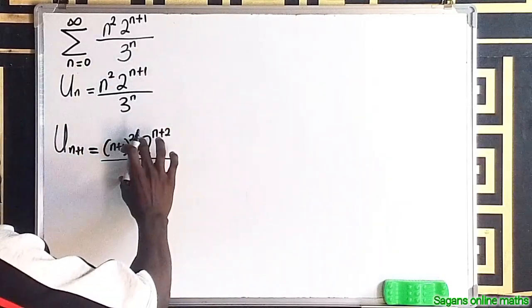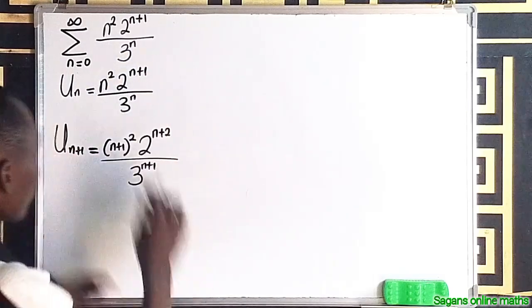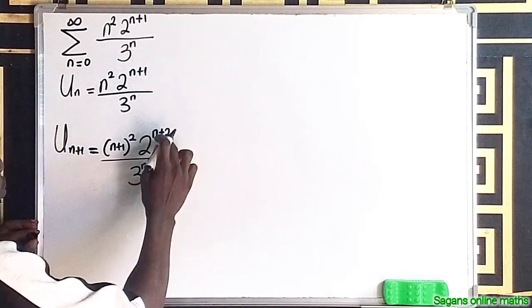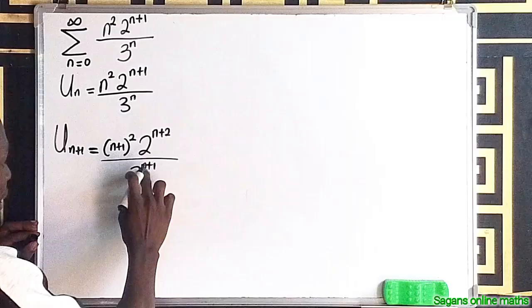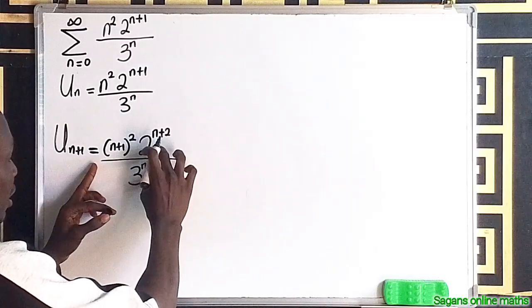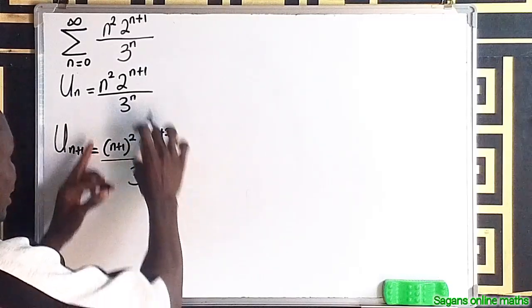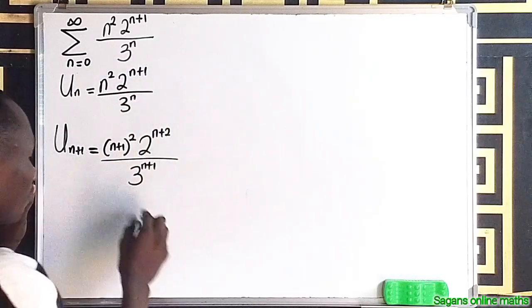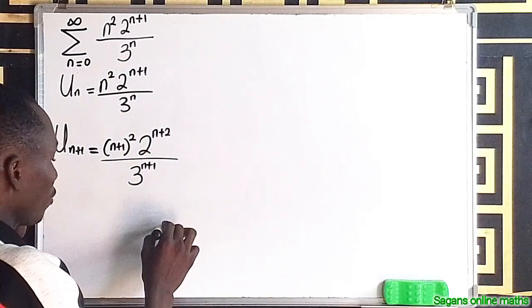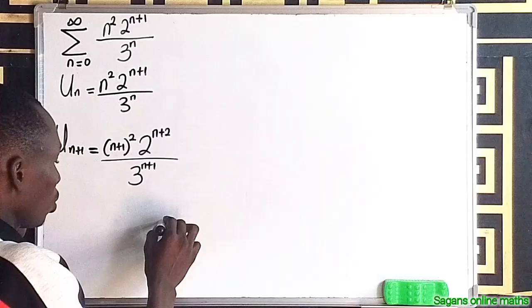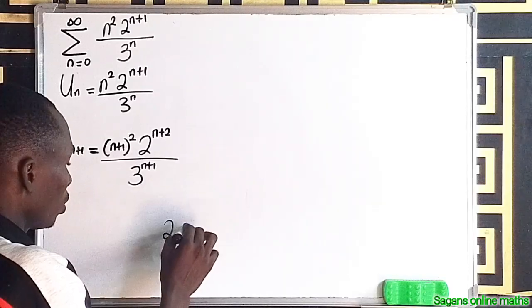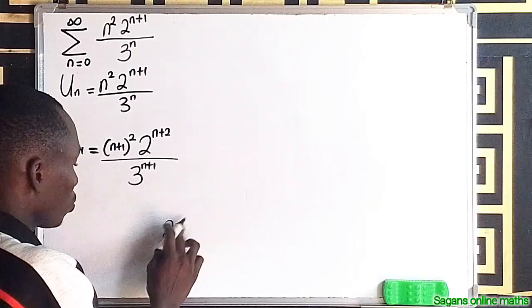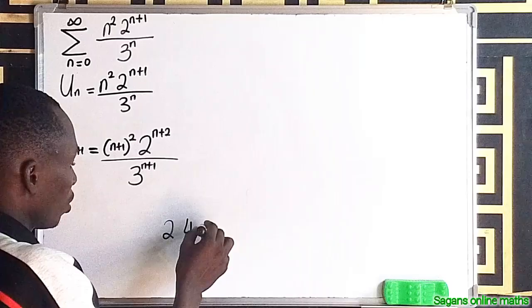Are they the same? No, they are not the same, because one has n and the other has n plus 1. So this is the next series, and this is the initial series. Let me say, for example, I have 2, 4, 6.